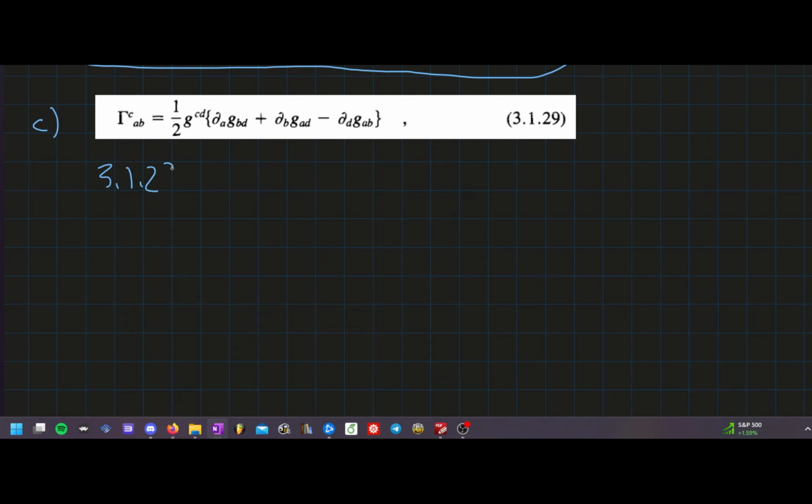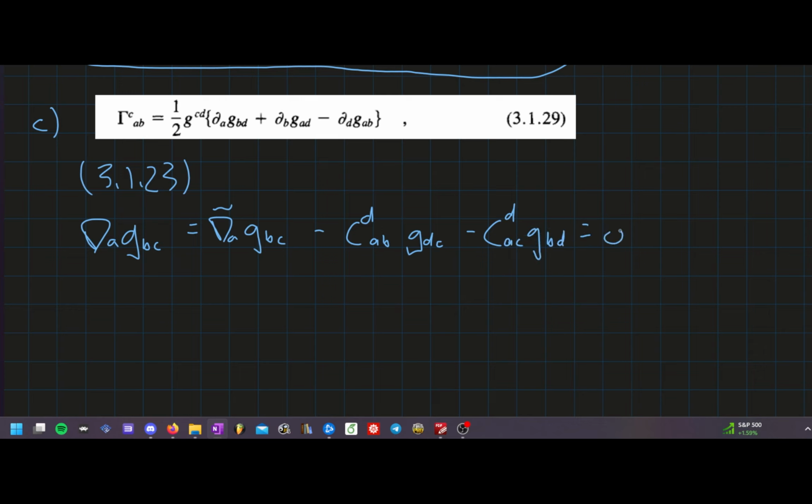3.1.23, which comes from 3.1.14, and basically this just says nabla_a on g_bc is nabla tilde_a on g_bc minus C^d_{ab} g_dc minus C^d_{ac} g_bd is 0.